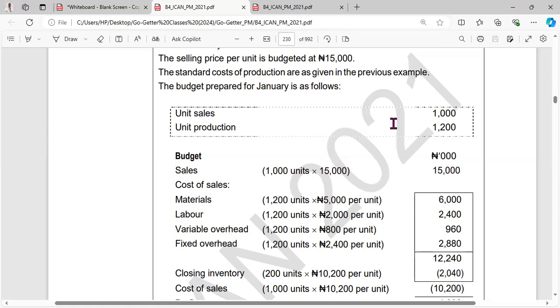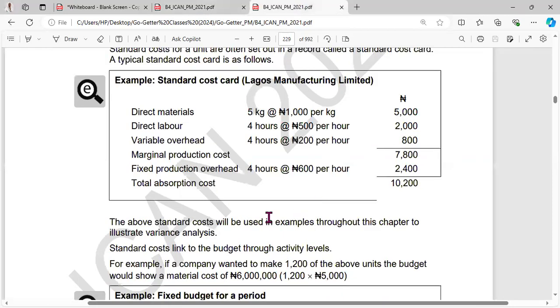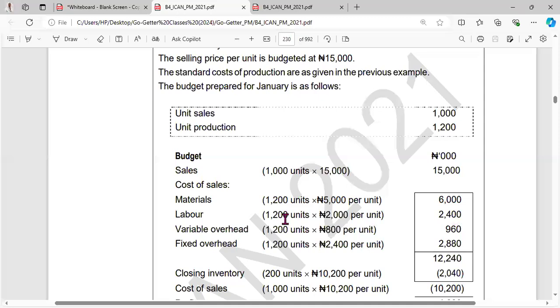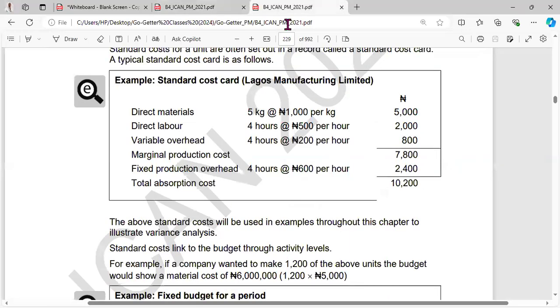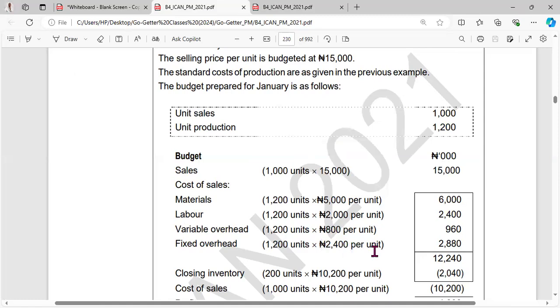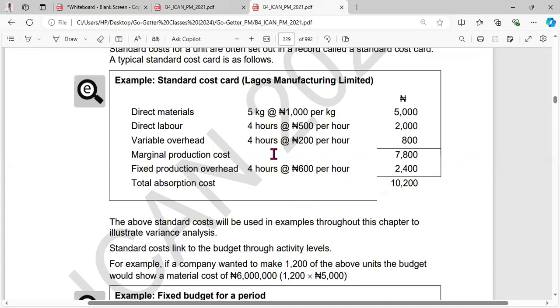Labor is 2,000 here. So 2,000 multiplied by 1,200, that's 2.4 million. Variable overhead, we said is 800. That gives us 960,000. Fixed overhead, we said was 24 per unit. Now, if you see here, we've converted the resources to per unit.